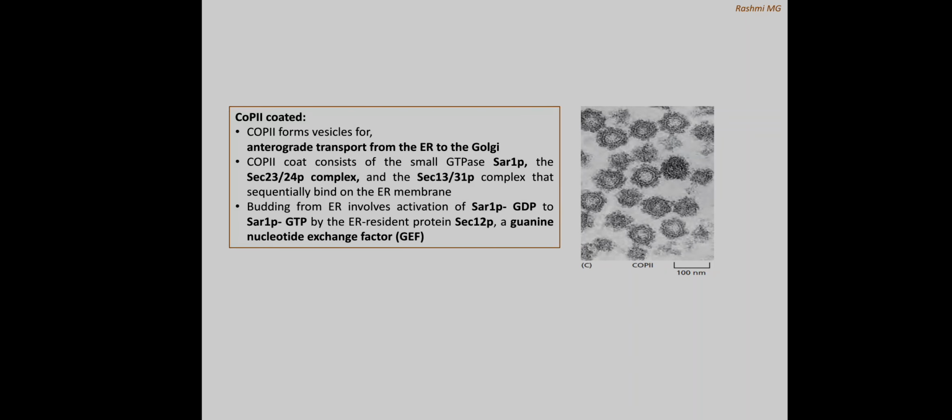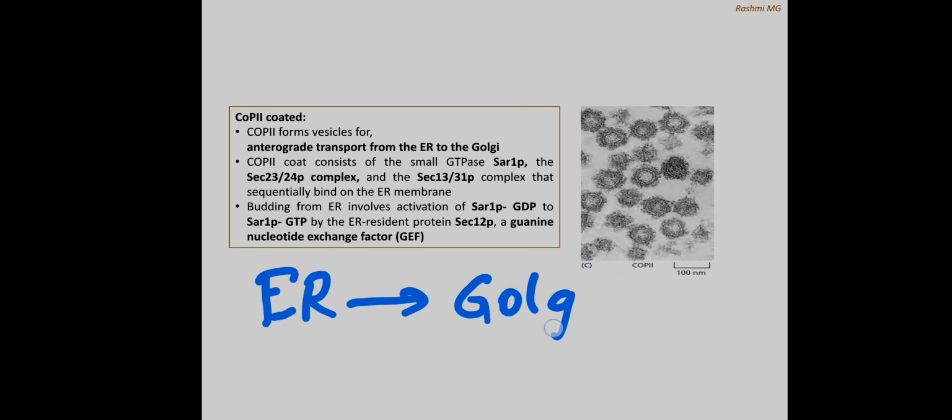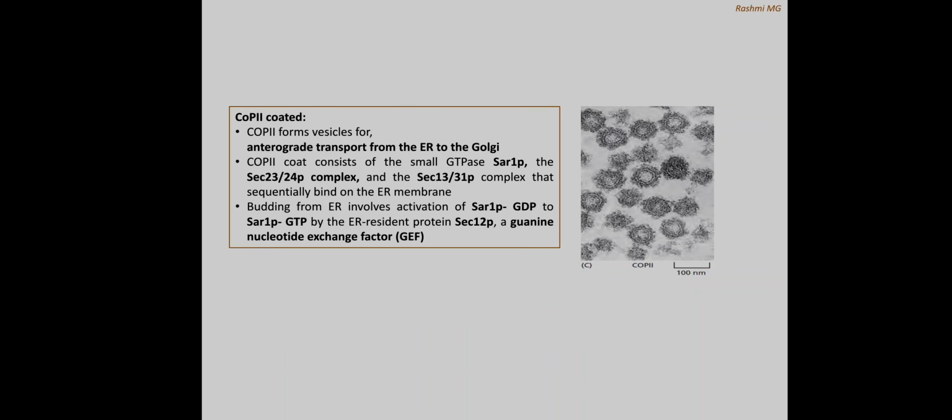vesicles. COP2 coated vesicles are for anterograde transport from ER to Golgi. What are they made up of? They are made up of small GTPase SAR1P, the SEC23/24P complex, and the SEC13/31P complex that sequentially bind on the ER membrane.